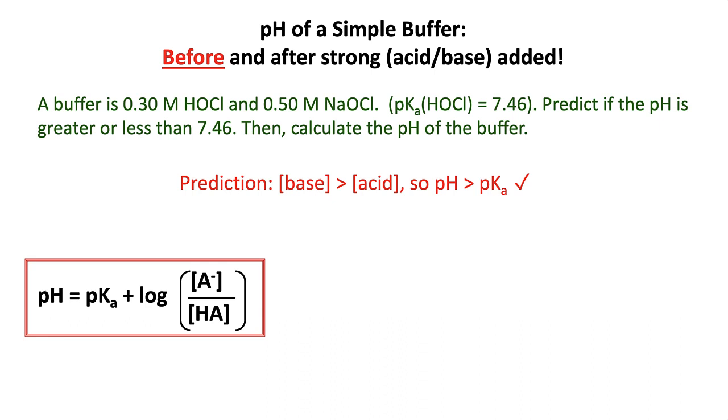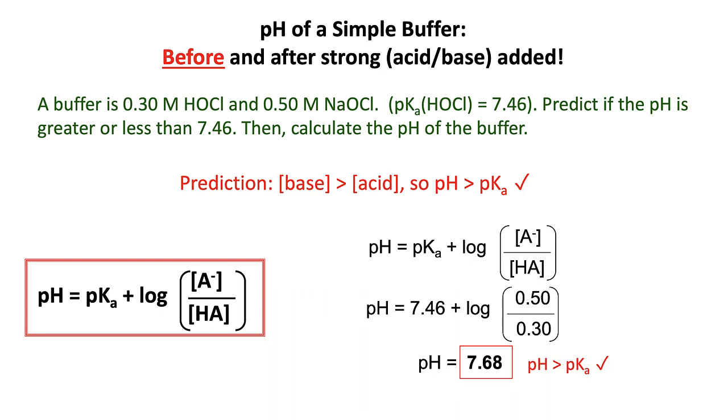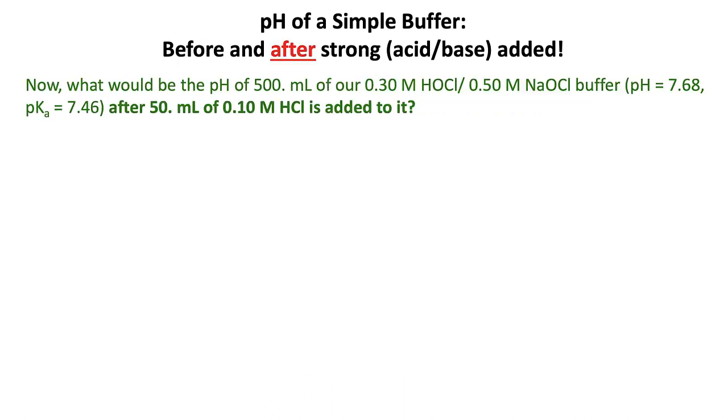So the base is greater than the acid, and therefore we expect the pH to be a little bit greater, because base is associated with higher pH. So the value we calculate should have a pH that's slightly greater than the pKa. Go ahead and solve, and we plug in that 0.5 for the A-, 0.3 for the HA, and we see that that's indeed true. The pH is equal to 7.68. The pH is a little bit greater than the pKa.